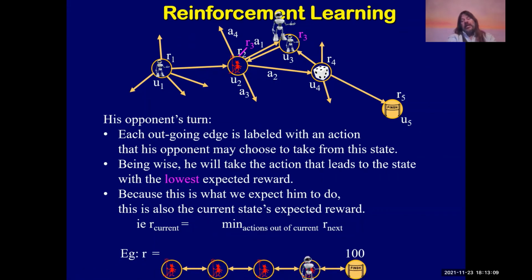Again, you can think about what the adversary wants you to do. He wants you to move away from the winning strategy, so he's going in the direction of the smallest number. So we want our weights to get smaller as we move away, because he wants to move in that direction.